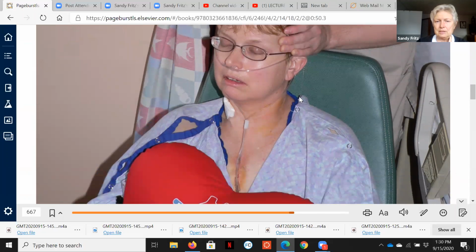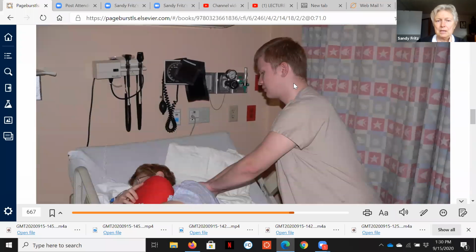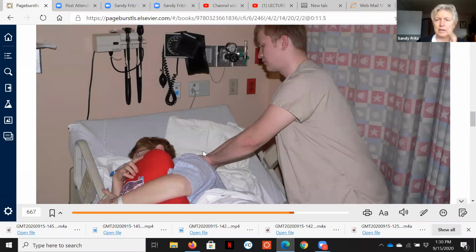And here you can see the scar and all the tubes and all of that. And then here is an adaptation to working on the upper back that, through the position I was in with the surgery and some other things, was at that time more painful than the actual incision area.